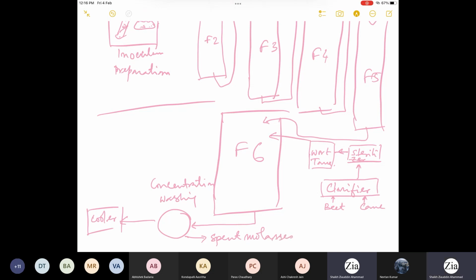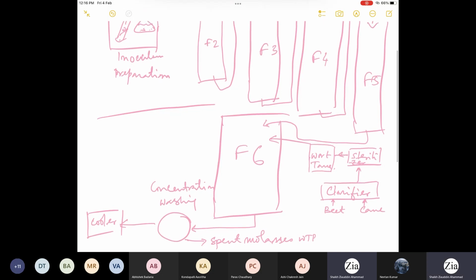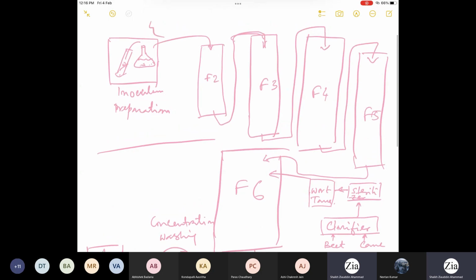Spent molasses will go to the waste treatment plant. So in this particular scheme, first we grow the inoculum in laboratory conditions, and then we transfer it to a slightly bigger fermenter, because we always try to get 10% of the reactor volume as the inoculum size.